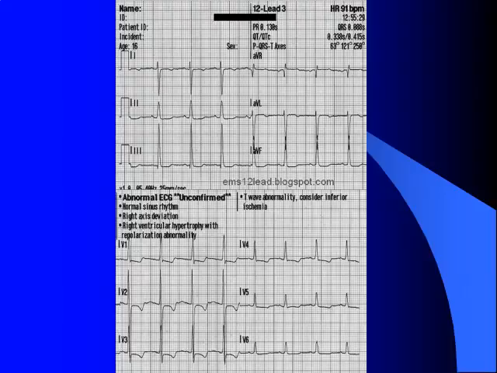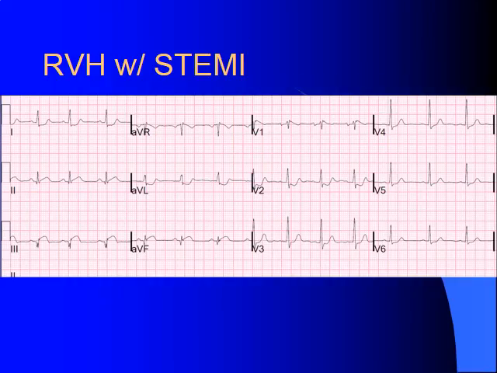Looking at our next slide here, we do have an example of right ventricular hypertrophy in the presence of ST elevation MI. We see our inferior leads. We do have some convex ST elevation.